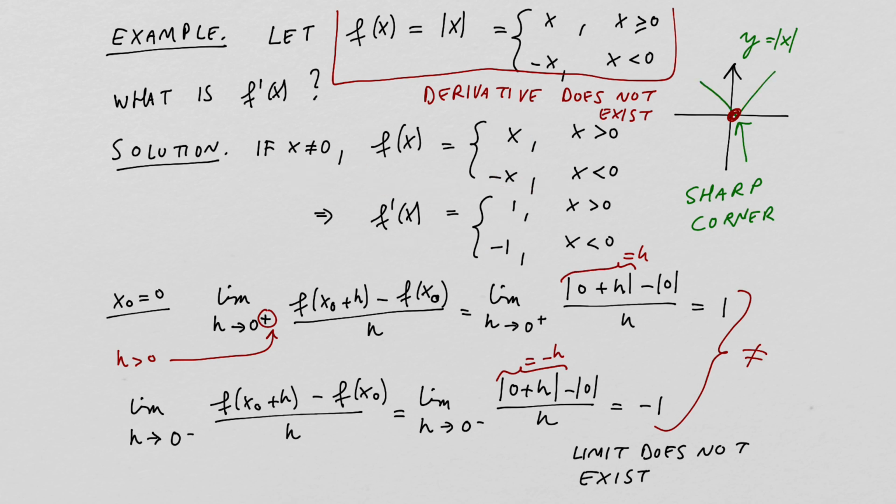We could even draw a picture of the derivative of f. It would be a constant function until the point 0 and then make a jump, and again it would be a constant function.